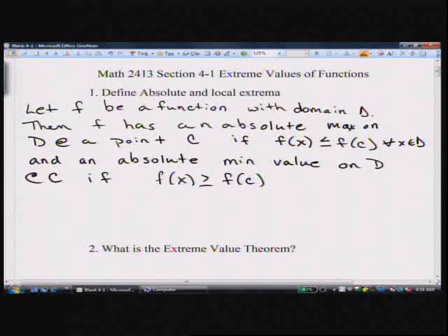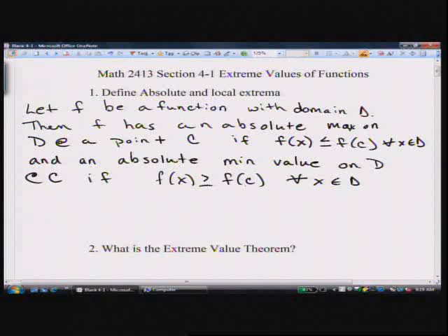And for all x in D. So as long as all the y values for all the different x's are bigger than the y value when you put in C, then you have an absolute min.